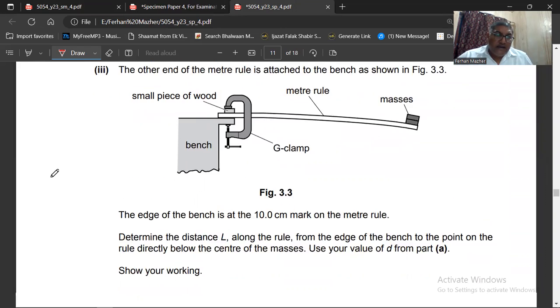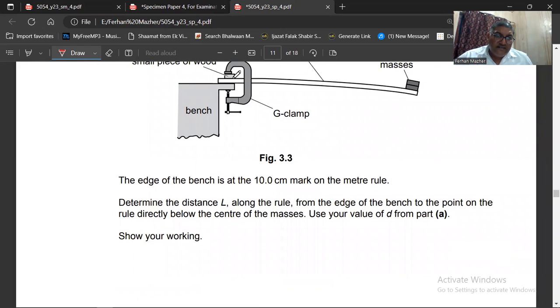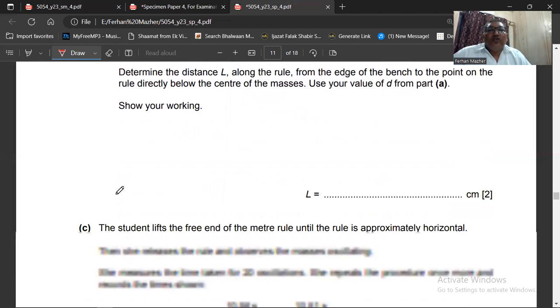Okay, so here, this is this point. This is 10 centimeter. So this rule is total 100 centimeter long. So 10 centimeter is here. The center of the mass will be here, and I know this distance, that is the radius of that mass. We just measured that diameter, that was 3.9 something. So just divide it with the 2. So from 100 subtract 10 and the radius, and you will get the distance from this to this point. Okay, so show your working.